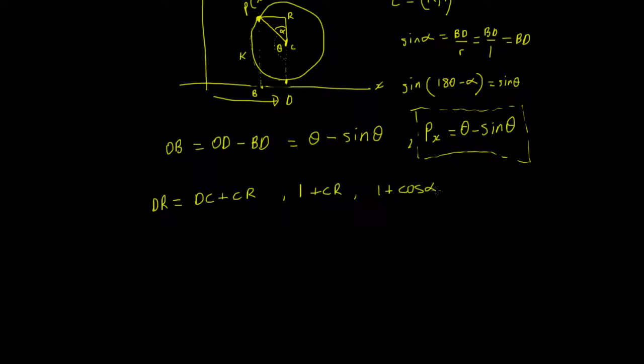Now from the trig identities, the cosine of 180 minus alpha is equal to minus the cosine of the value. So we can then write dr equals 1 minus cos of theta.